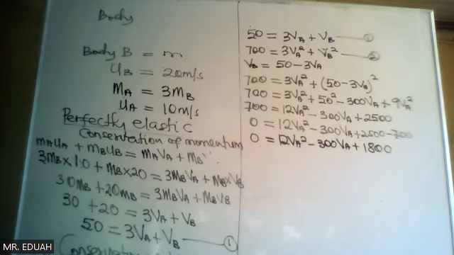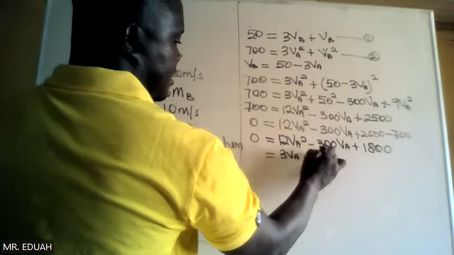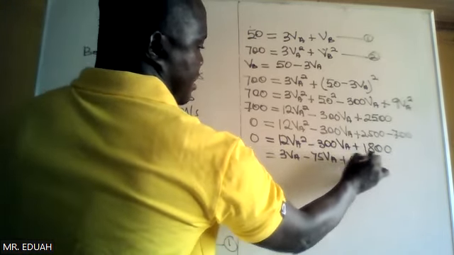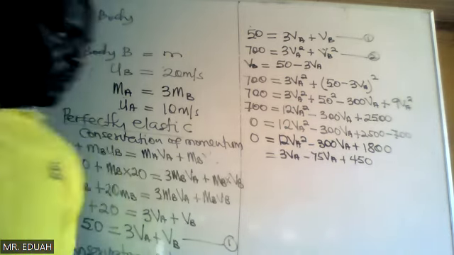Okay, and then check 1,800 divided by 4. 450. Can we further divide through by 3? Check 75 divided by 3 and 450 divided by 3. 25 for the 75, and 150 for the 450.